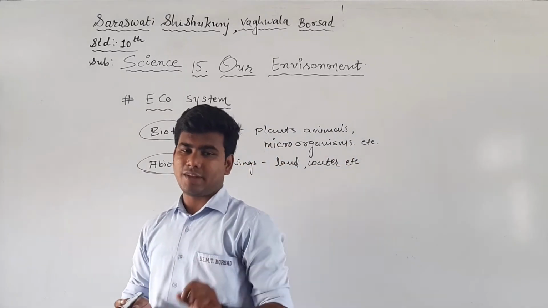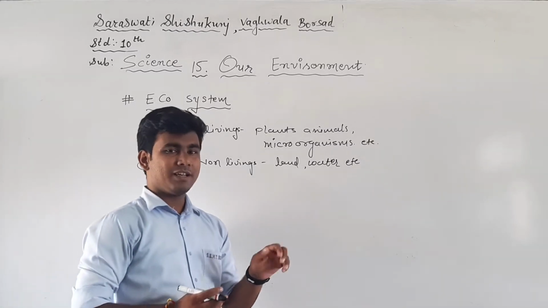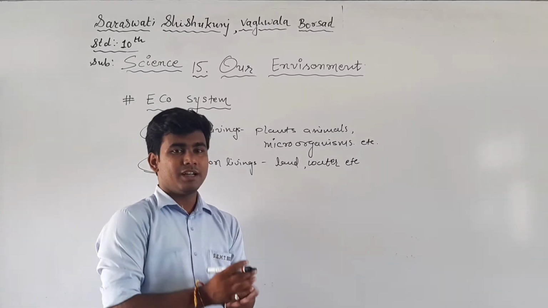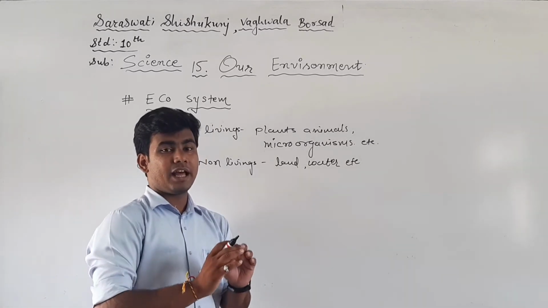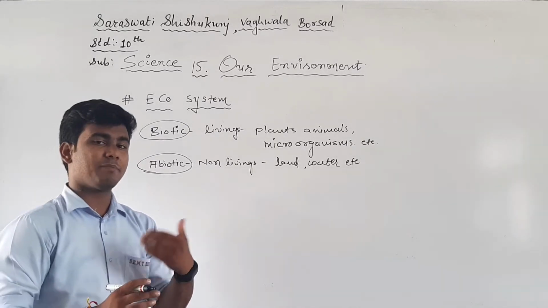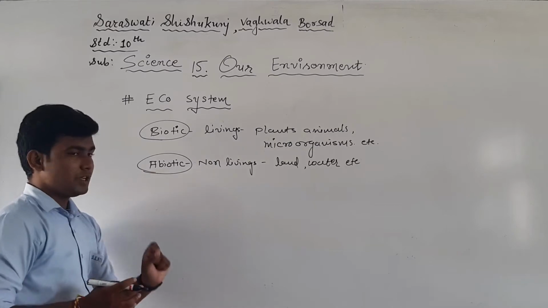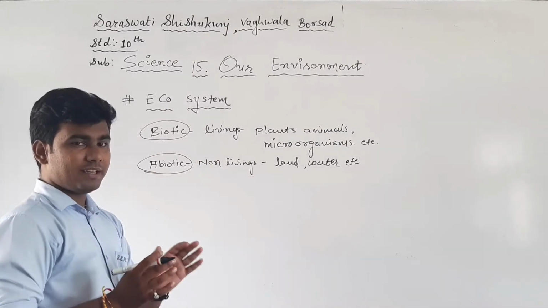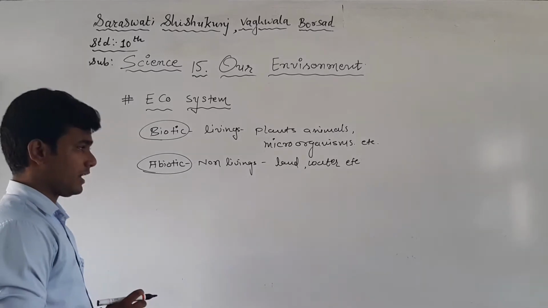Means we can say that in ecosystem, biotic components will have interaction with each other and they will also have the interaction with the surrounding, with the abiotic components of our environment, of our biosphere. So that together will form our ecosystem.